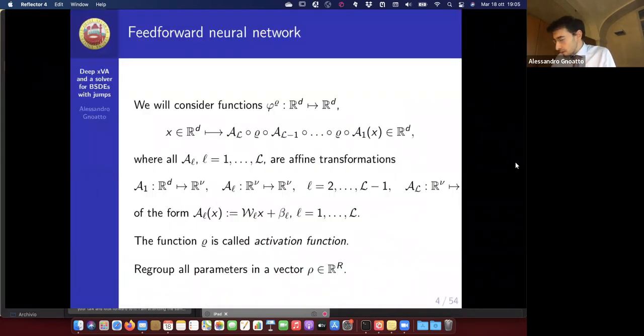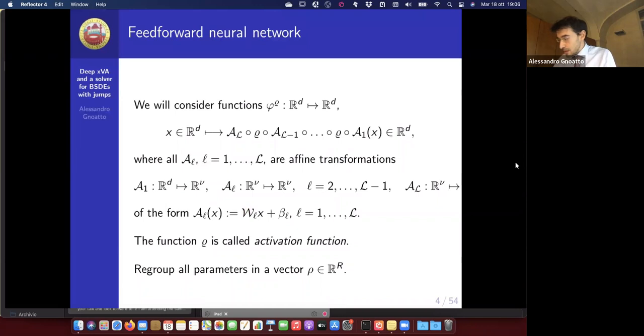Of course, you all know the nice picture of neural networks, so I decided not to put it in the slides. For us, a neural network is just a function from R^d to R^d, at least for this presentation, which is a composition of functions, some of which are affine transformations, which involve a matrix of weights and a vector of biases.